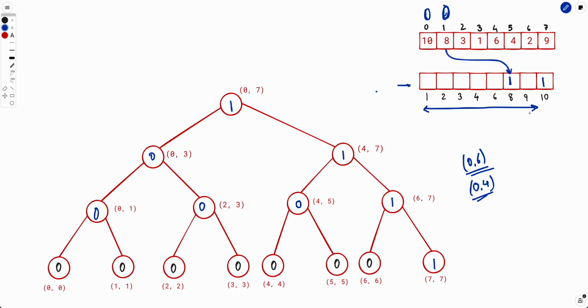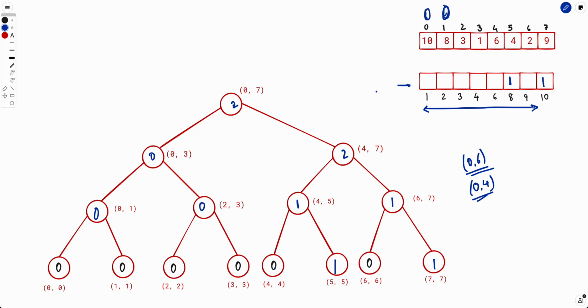So activating 8 means you set the index 5 to 1. Now this would be 2 because 1 plus 1 is 2, and this would also be 2 because 0 plus 2 is 2. And you will do the same for 3, and so on and so forth.